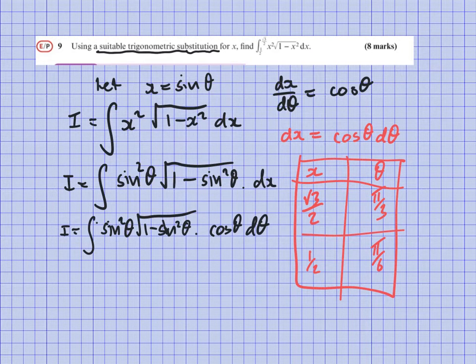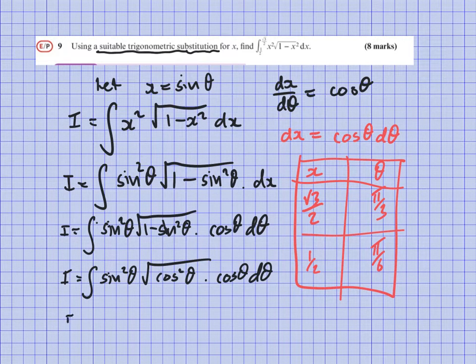That's had the effect of replacing every x with a theta. Now to simplify this, first off, I can recognise that 1 minus sine squared theta is equal to cos squared theta. So sine squared theta times the square root of cos squared theta times cos theta d theta.